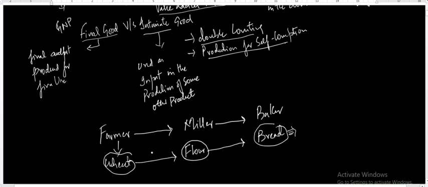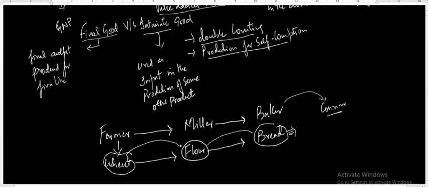Or we can talk about the value added at each stage: how much value is added by the farmer, how much by the miller, then by the baker, and then when he sells it to the final consumer.